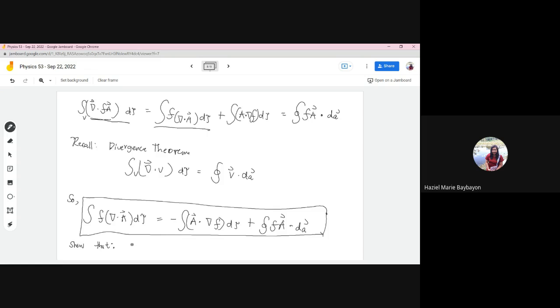So show that the surface integral of f multiplied by the curl of a dot dA is equal to this term, a cross the gradient of f dot dA plus the line integral fa dot dl.